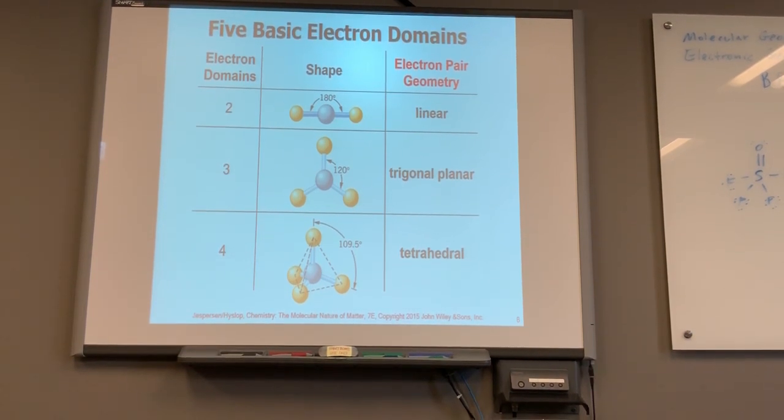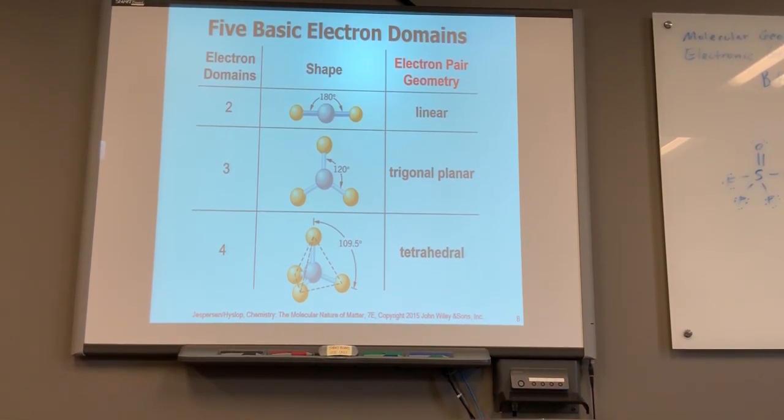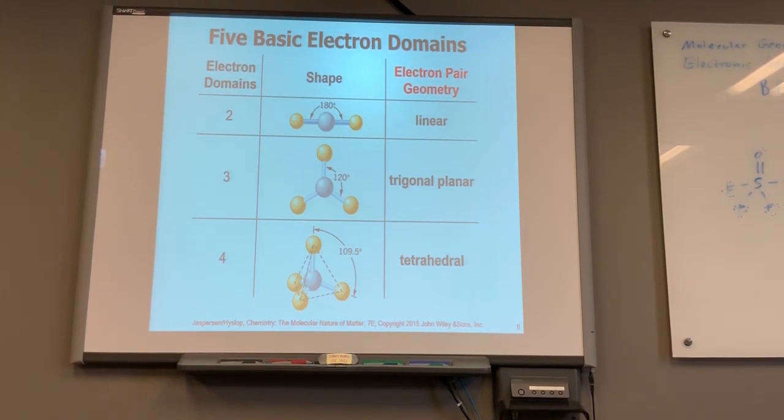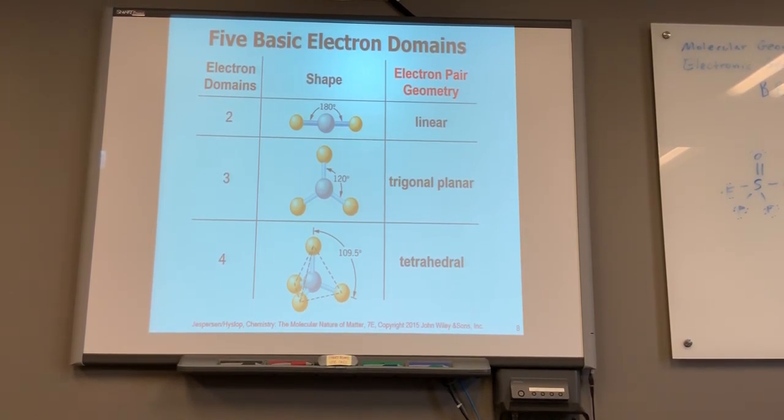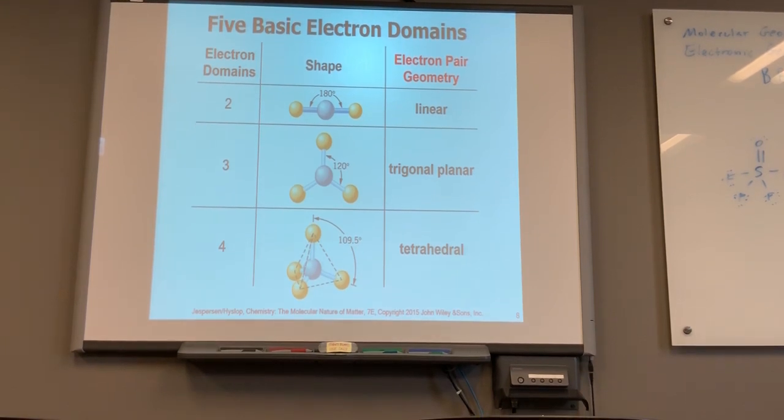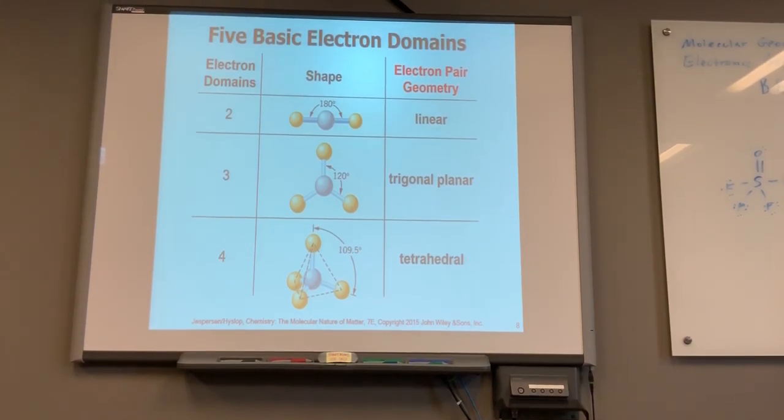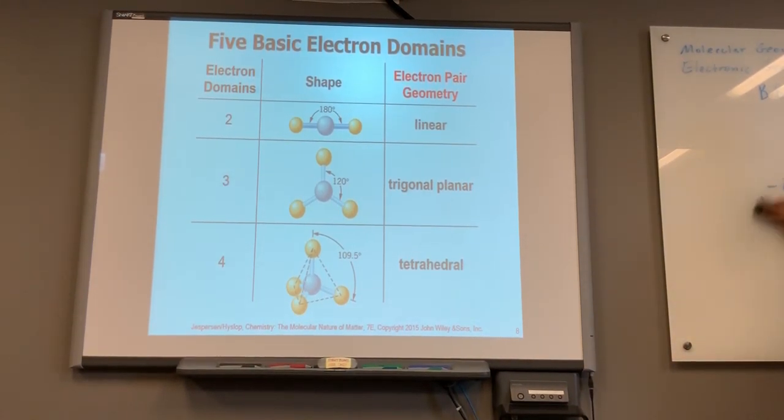That's the first thing you think of. It takes lone pairs and bonds as all electron domains. It seems like it's opposite, because molecular geometry is only talking about the bonds and not the lone pairs.